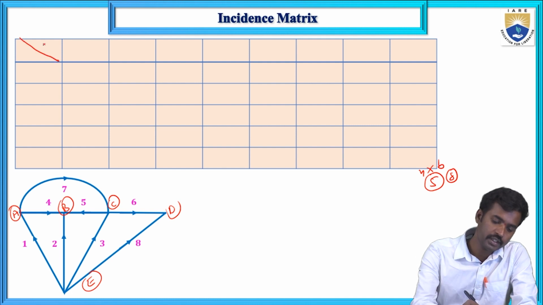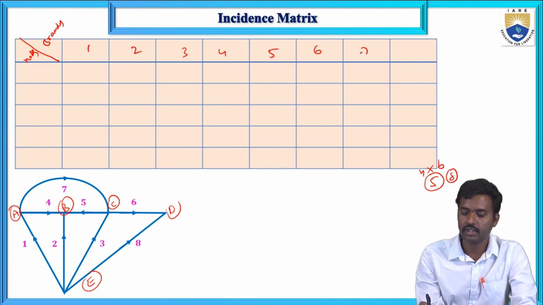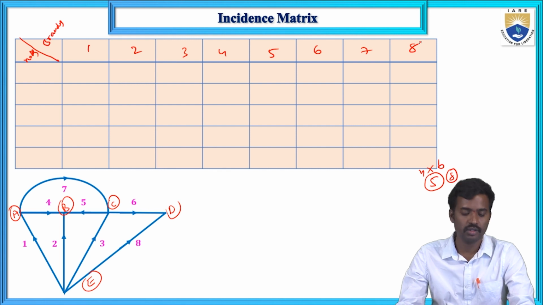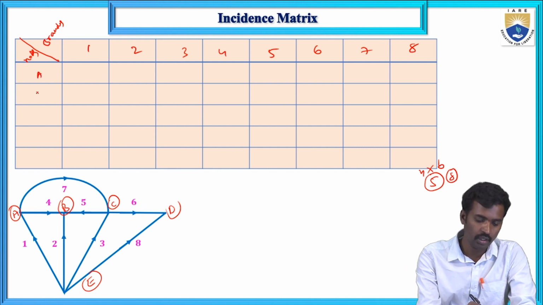So these are the branches, 1 to 8, and these are the nodes A, B, C, D, E.